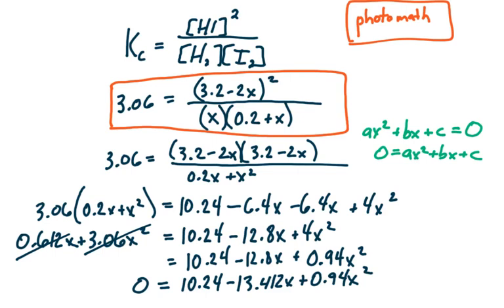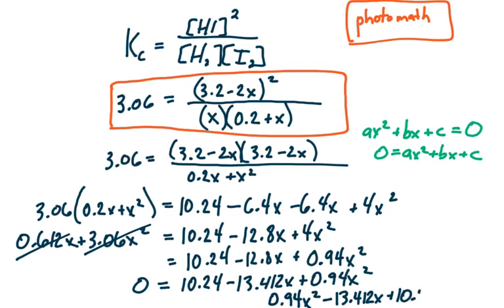Don't necessarily have to, but I'm just doing it for myself. So I'm going to put 0.94x squared. What's bx? This is bx, and it's minus, so I have to keep the sign. Minus 13.412x, and then what's c? This is c, and it's positive, so I keep the sign.